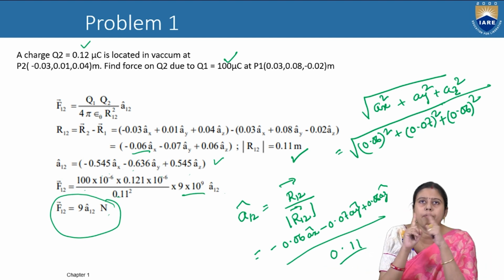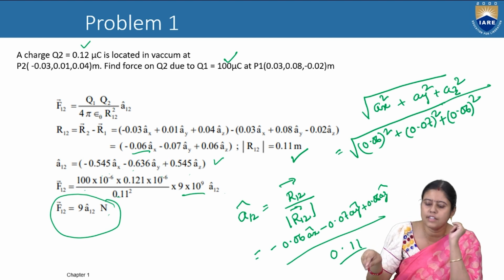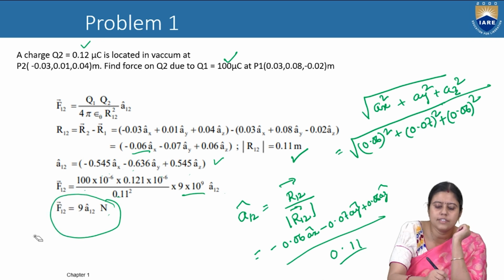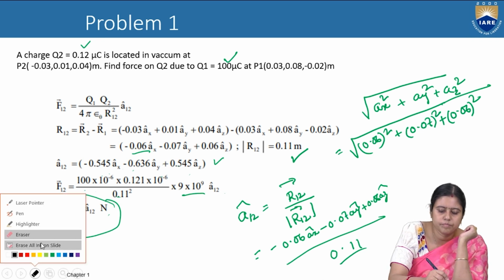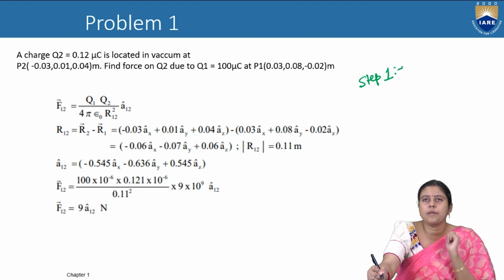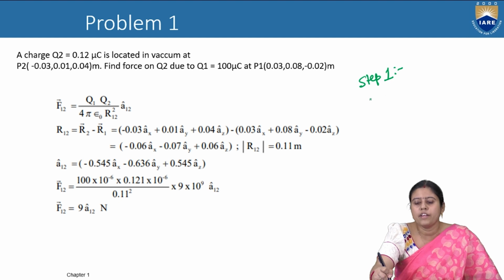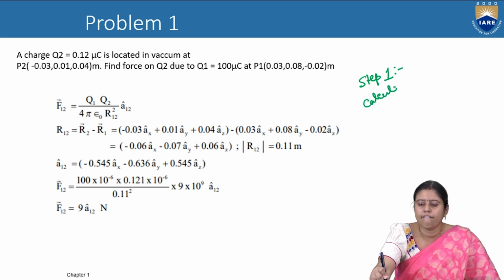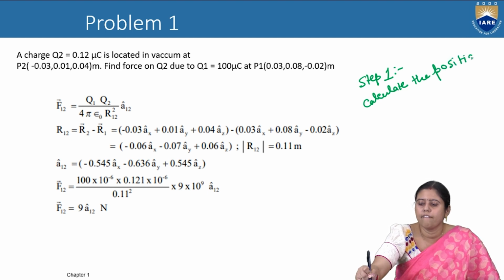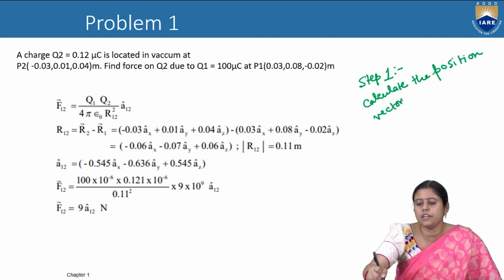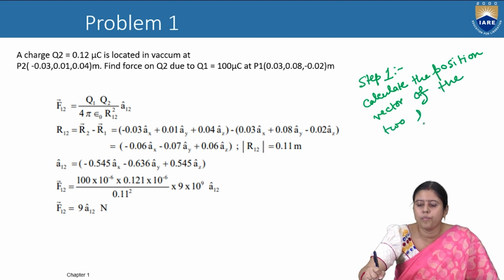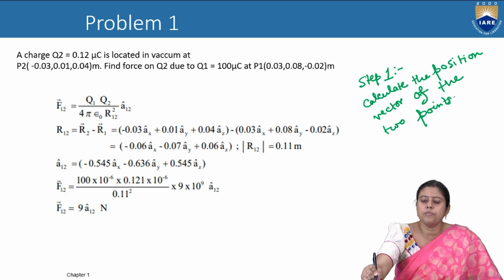So what are the steps? If we want to write the steps of this problem, what are the steps? Step 1. First we have to calculate the position vector of the 2 points.